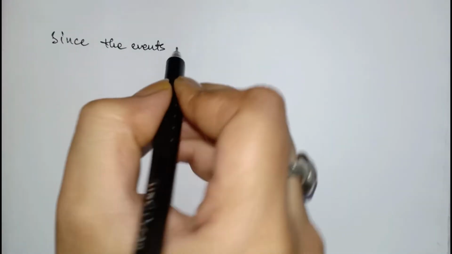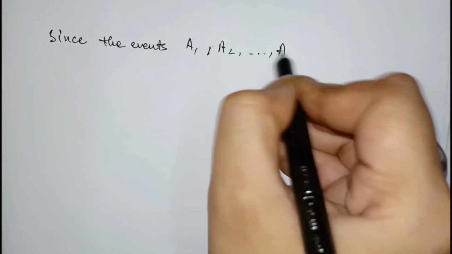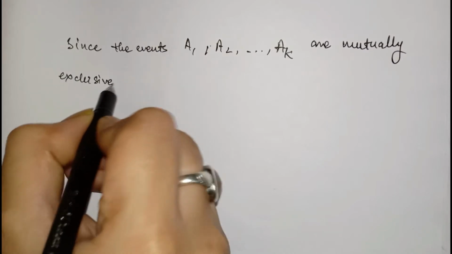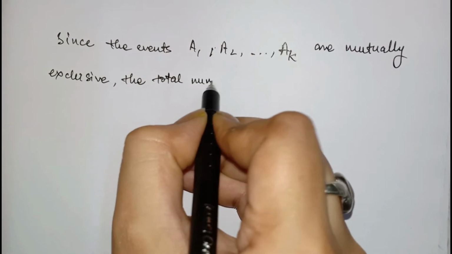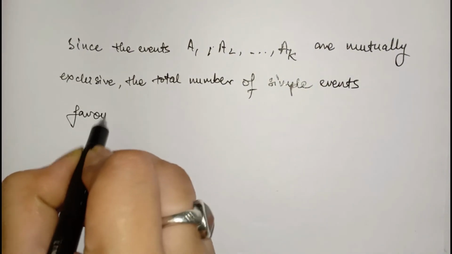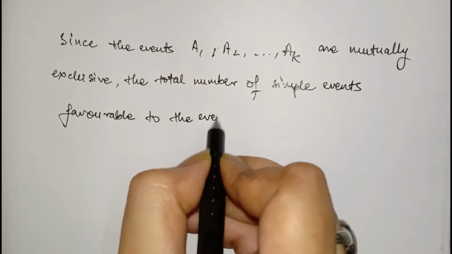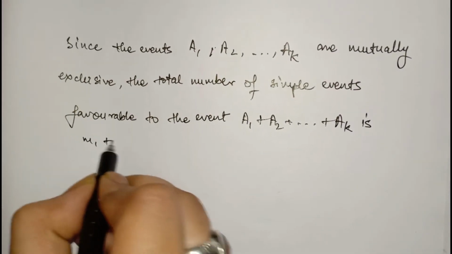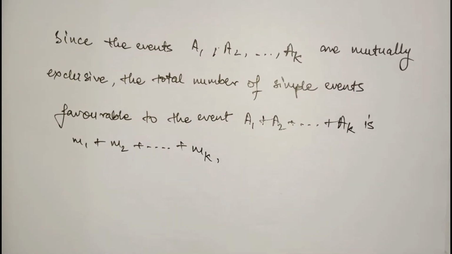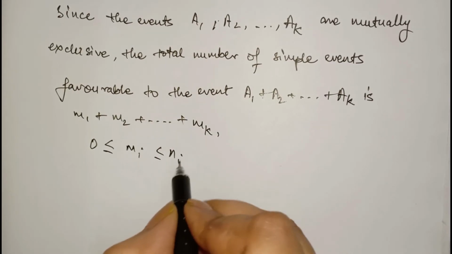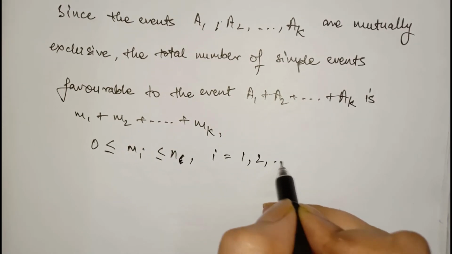Now since the events A1, A2 till AK are mutually exclusive, the total number of simple events favorable to the event A1 plus A2 till AK is M1 plus M2 till MK. 0 is less or equal to Mi is less or equal to Ni is less or equal to n. Here i is equal to 1 till k.